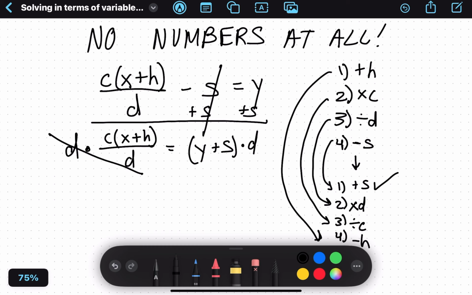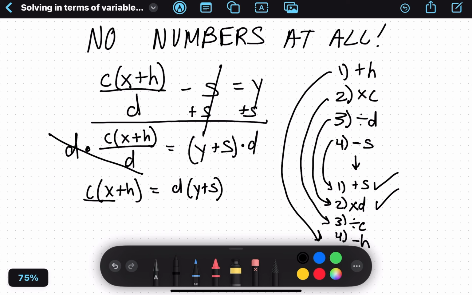This d and that d cancel out, so now we have c times x plus h equals d times y plus s. We don't need to do distributive property. You could just leave it as is. Okay. Step 2 is done.